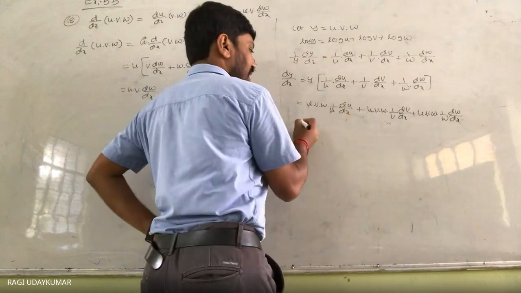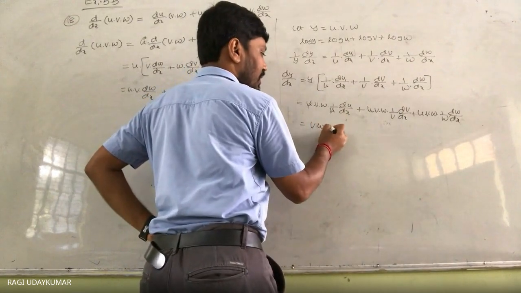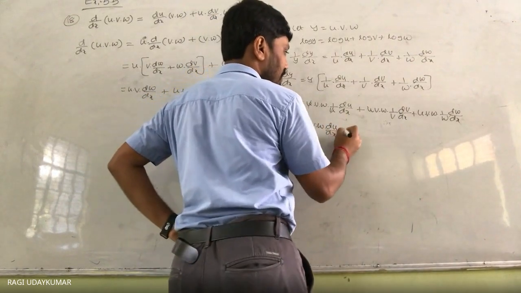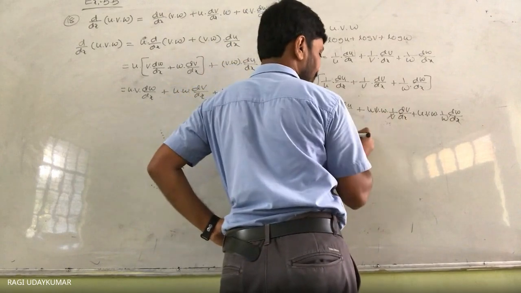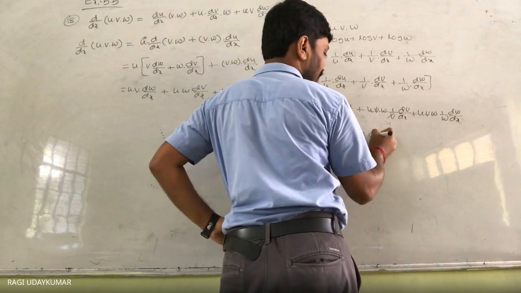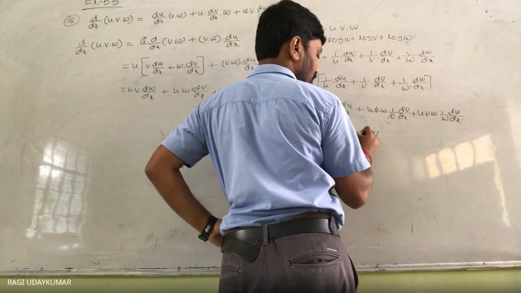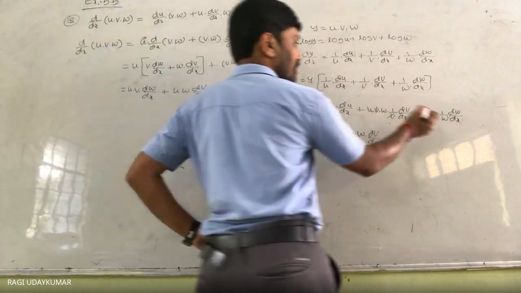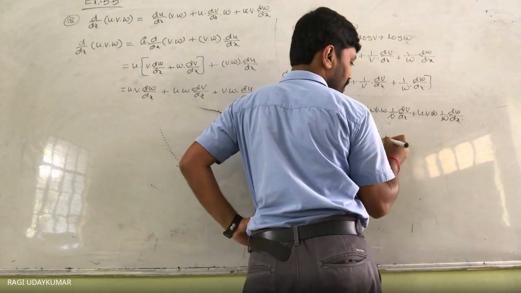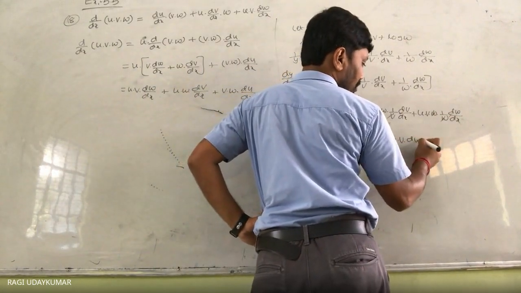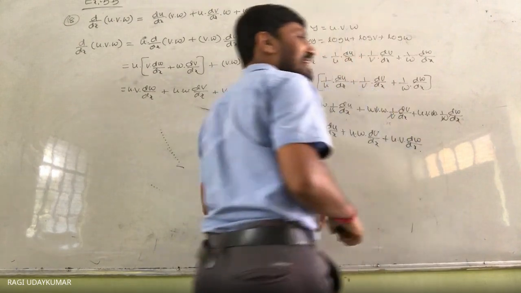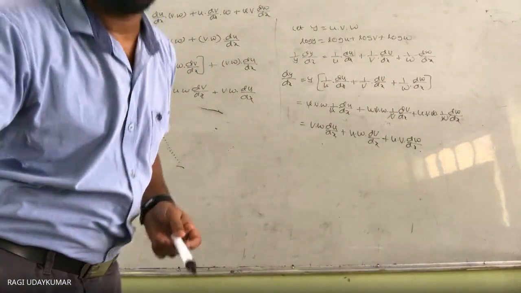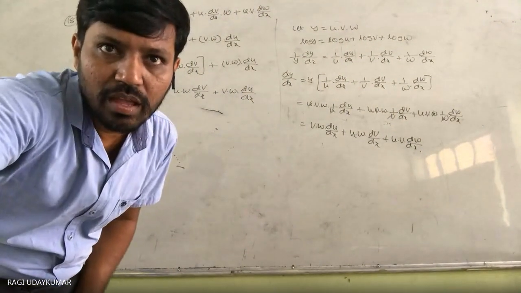Simplify करो, u will get cancelled and we get vw into du by dx, plus v will cancel, u w into dv by dx. u and v write in a proper way. Next, w will get cancelled, plus u into v into dw by dx. Nothing is there in this problem. It's not more complicated. Okay.